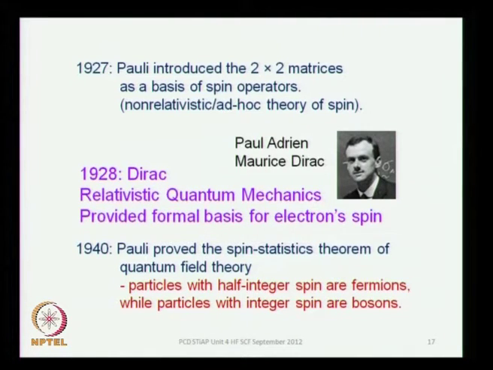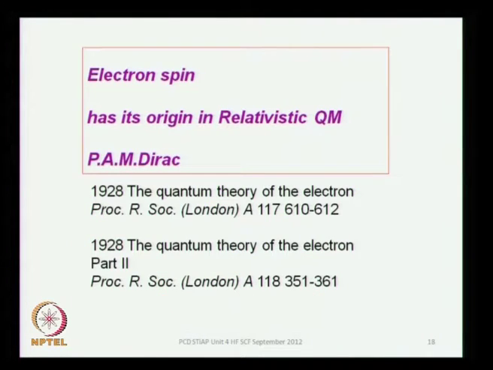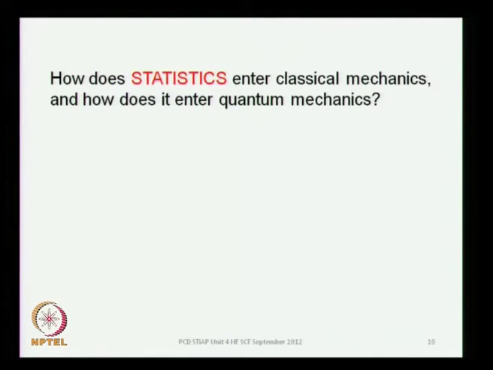So, spin is an integral property of electrons and it has to be taken into account, as we know from relativistic quantum mechanics, and these are the two classic papers in 1928 by Dirac in which he developed the relativistic quantum mechanics, which gave a formal basis to the idea of electron spin.